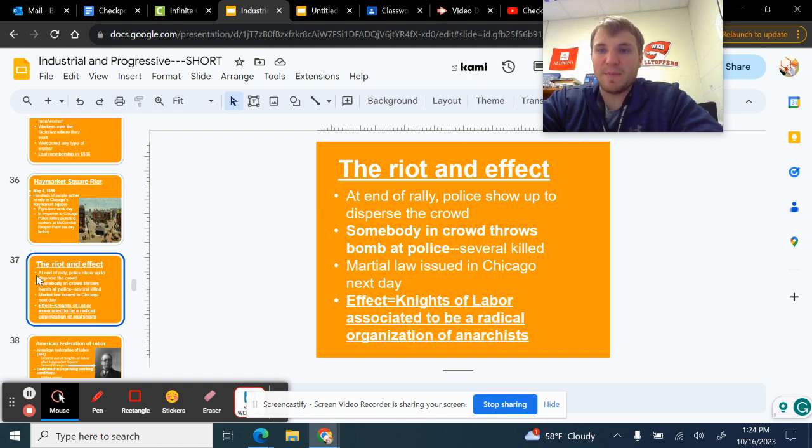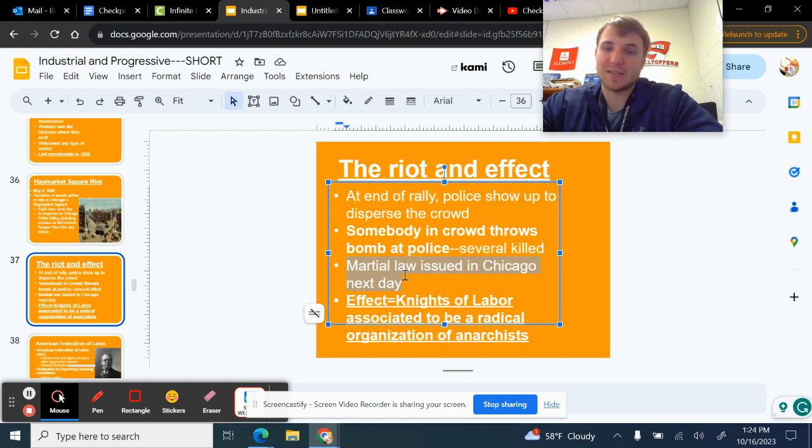Many think this may be one of the first true terrorist attacks in United States history. Whoever threw it, it led to several people being killed, and it's so severe that martial law is issued in Chicago the next day. If you don't know what martial law is, that's basically where the military takes over the government. That's how serious this was.